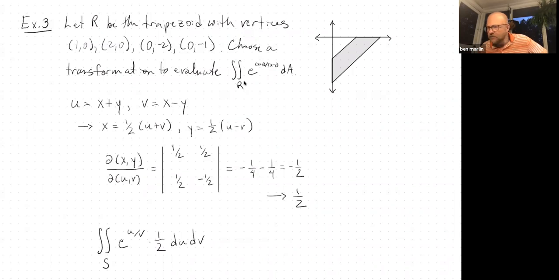If you had chosen u to be x minus y and v to be x plus y, then we would have just reversed the two columns that we've got there. And if you reverse the two columns, you would have gotten a positive 1/2 instead of a negative 1/2. All right, keep that in mind for the next example.